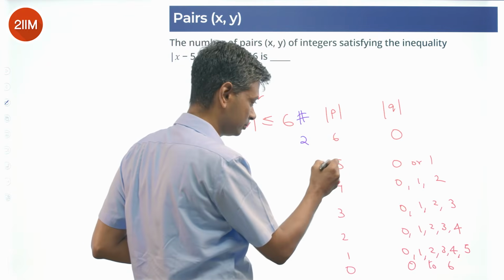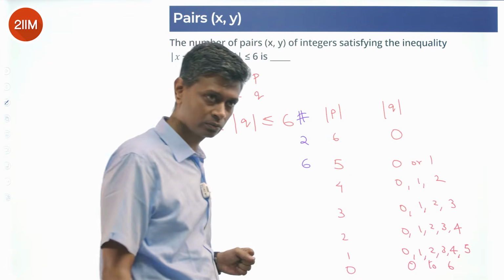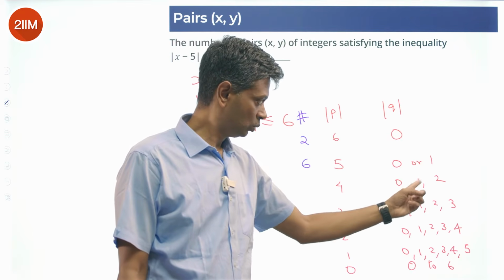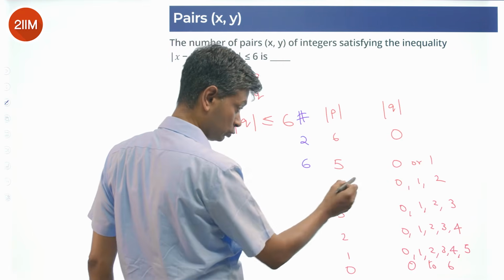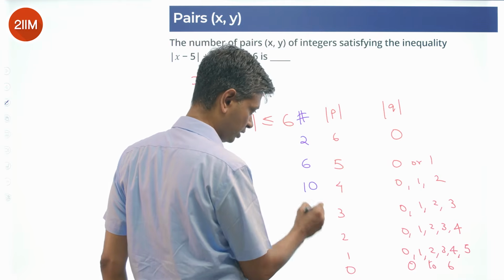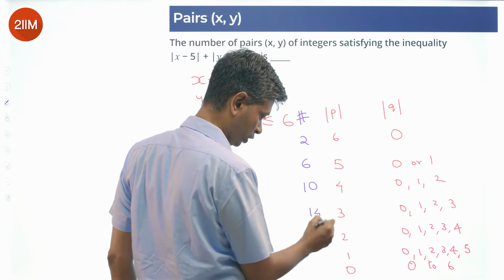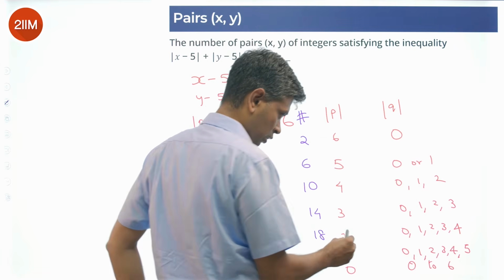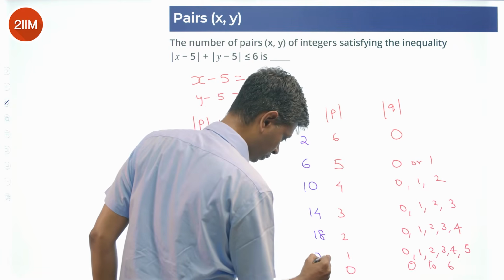2 into 3, 6. Plus or minus 4, here 5 values, 2 into 5, 10. 2 into 7, 14. 2 into 9, 18. 2 into 11, 22.